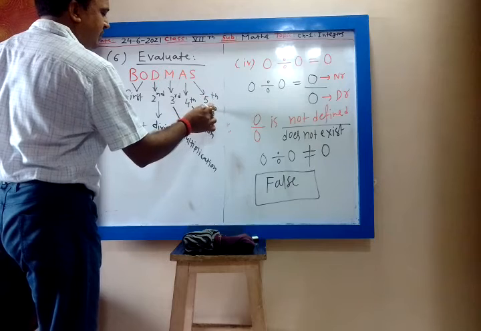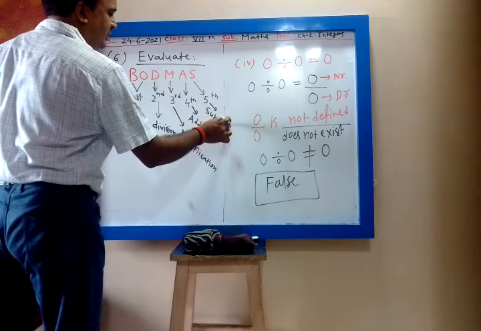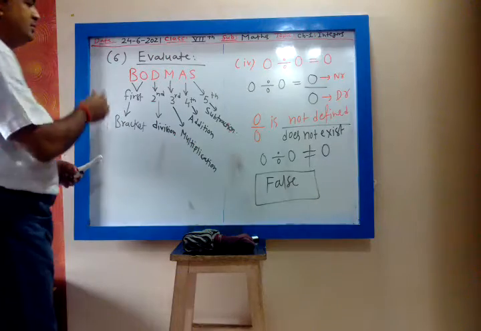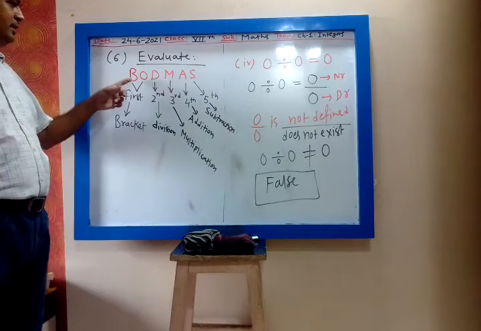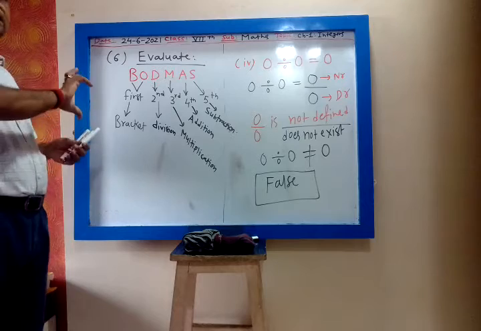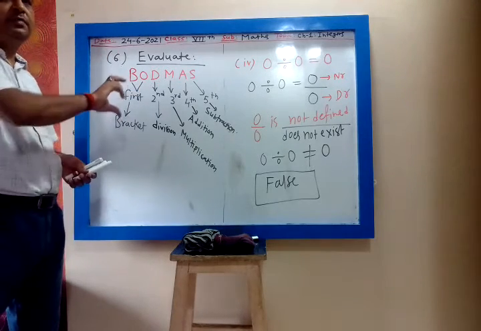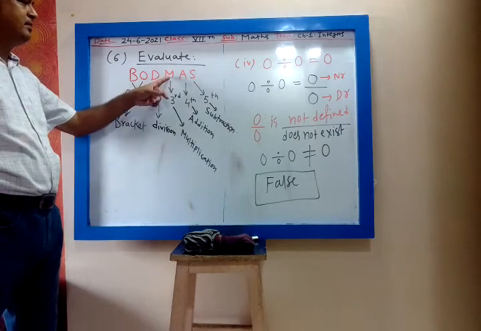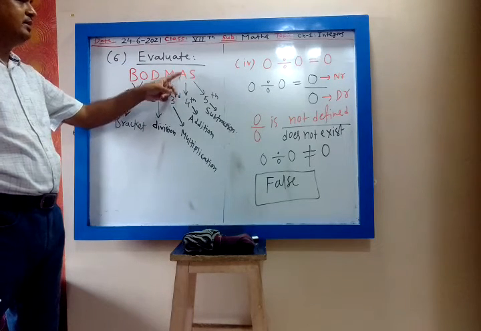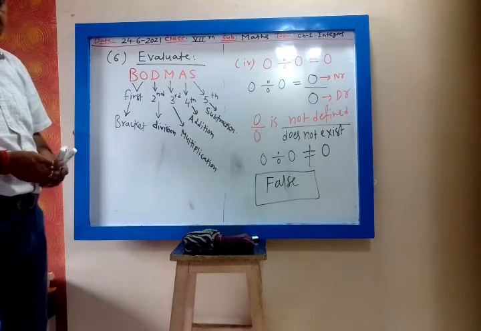And fifth it is subtraction. So in this order you have to solve the given expression. BODMAS. First open the bracket. After opening the bracket, perform division. After performing division, you perform multiplication. After multiplication, addition. After addition, you have subtraction. So in this order we solve the given expression.